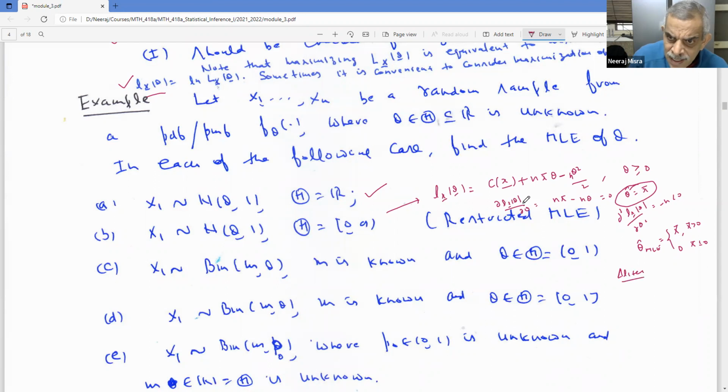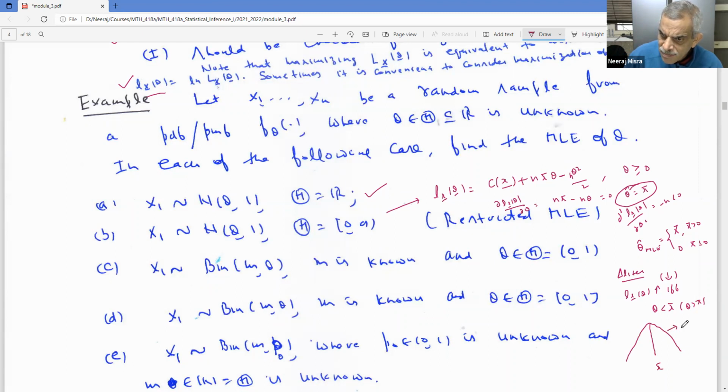Now you can find this in an alternate way. You can look at the behavior of this function. Note that L_x(theta) is increasing if and only if theta is less than x bar, and decreasing otherwise. It will be decreasing if theta is greater than x bar. So your likelihood function turns out to be like this. If I consider whole theta, here is the maximum.